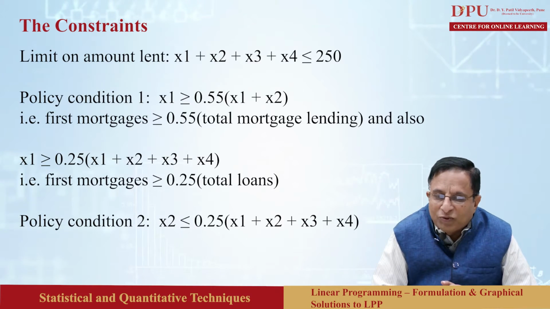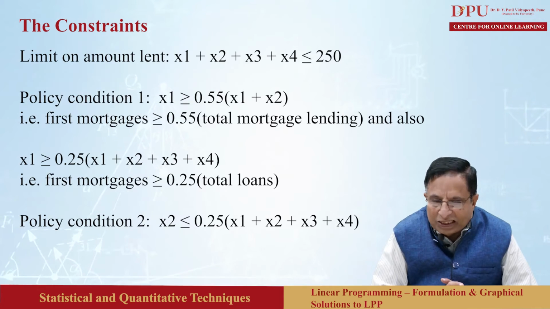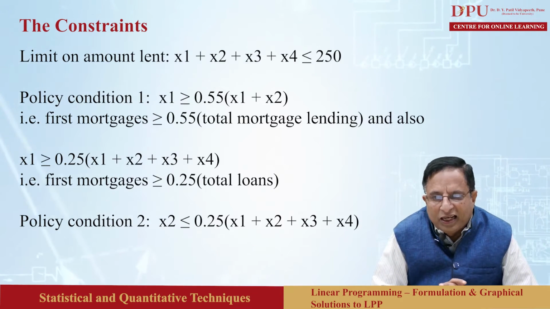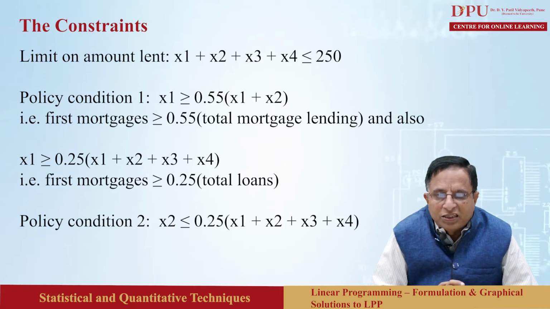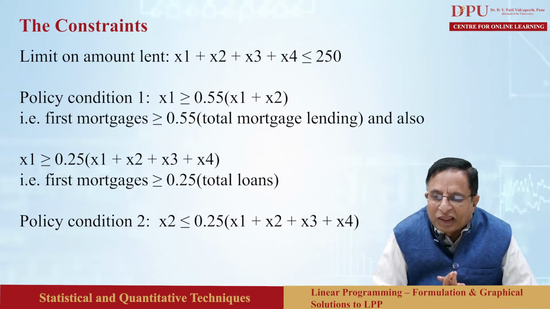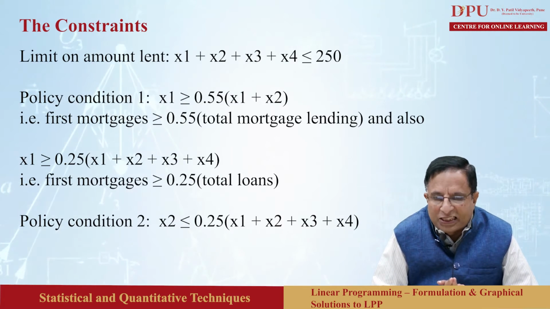Also, x1 is greater than or equal to 0.25 of x1 plus x2 plus x3 plus x4, that's the total loans. Policy condition 2: x2 is less than or equal to 0.25 of x1 plus x2 plus x3 plus x4.